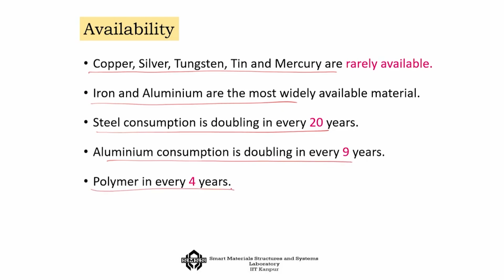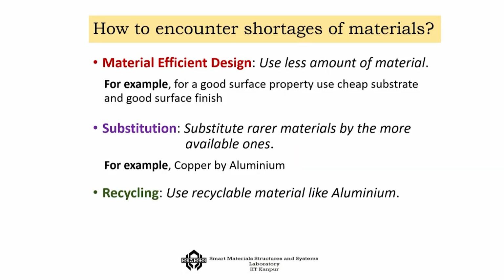So, this sort of gives us the idea of the materials. And if I get any shortage of a material for my design, then definitely I should go back to the design table. So, my design must be material efficient, use the least amount of material. I have to think of substitution, and I have to think of how to recycle the material.